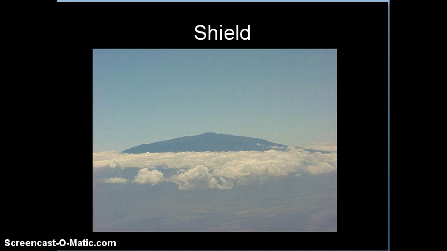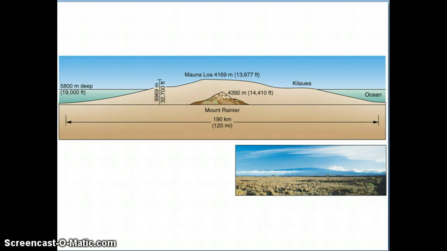And this is Mauna Loa, and it is one of the largest landforms on Earth, if you go from the seafloor up to the chain of Hawaiian Islands, where it's above the ocean. The other landform created with effusive volcanoes are flood basalts, and we'll look at those in just a minute.